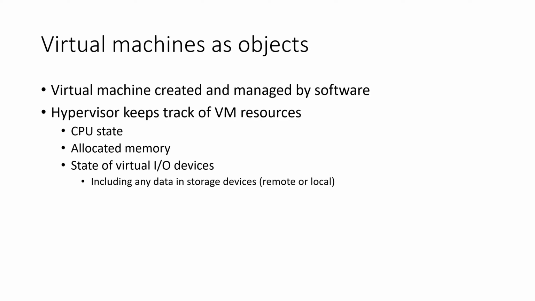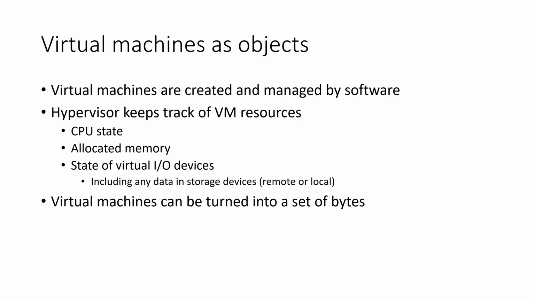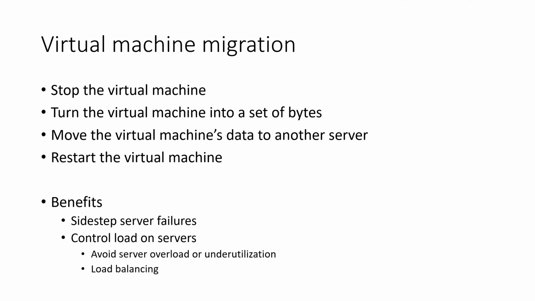Even if there is some state that is outside of the virtual machine, say in storage devices, which might be local disks or remote storage over the network, the hypervisor can still keep track of this information. And this allows us to turn virtual machines into a set of bytes, which allows us to migrate the virtual machine.